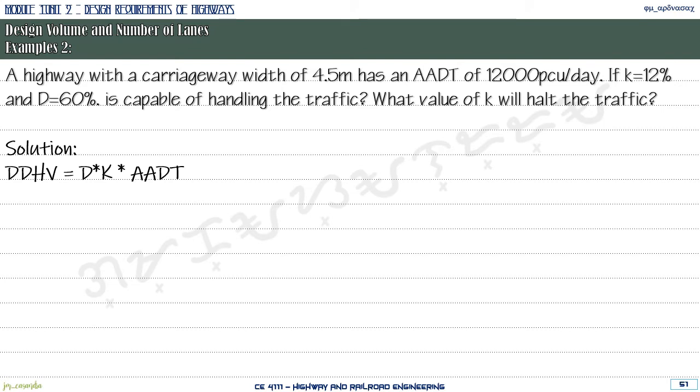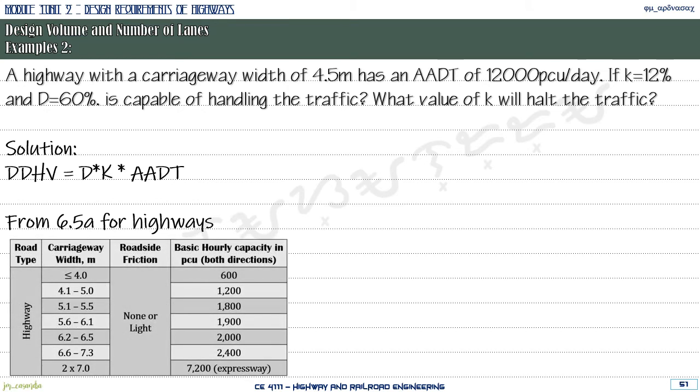DDHV. So we'll assume that this is a multi-lane highway. So for your capacity, we'll be taking it from table 6.5a for highways. So it's given that our carriageway width is 4.5 meters. So we'll be using these values. So for 4.5 meters, its hourly capacity is equal to 1,200.